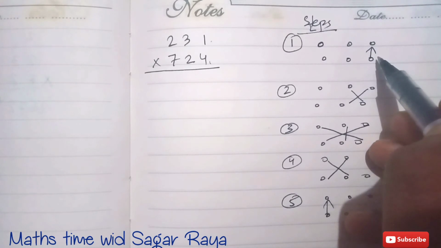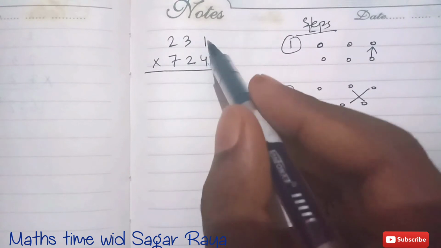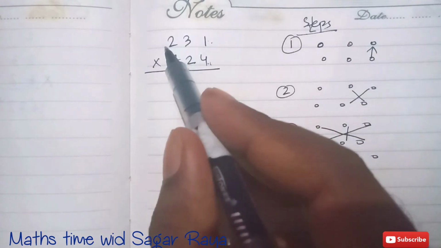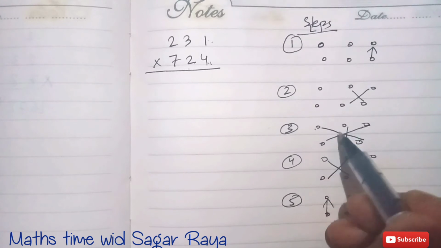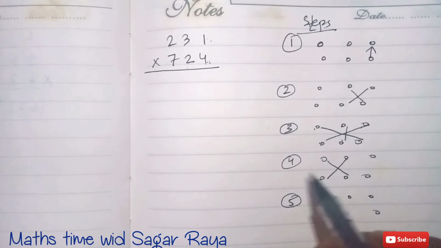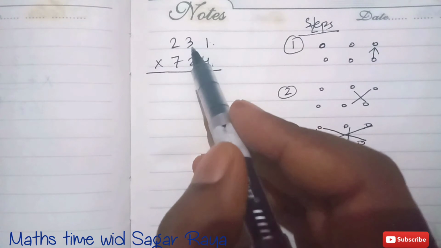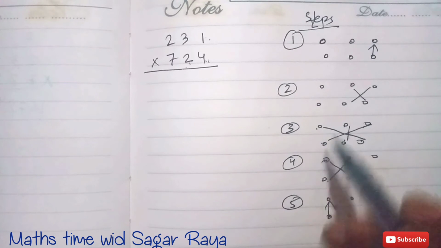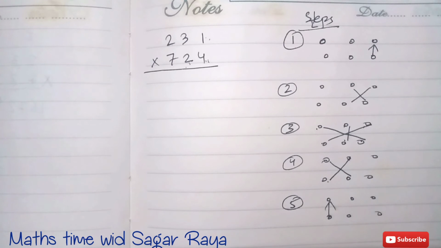In the second step we will multiply 3 and 4, and 1 and 2, and then add them. In the third step we will multiply 2 and 4, and also the other two pairs, and then add. In the fourth step we will multiply these two pairs, 2 and 2, and 3 and 7, and in the final step we will multiply the last pair. In every step, when there comes a carry, we will forward it to the next step.